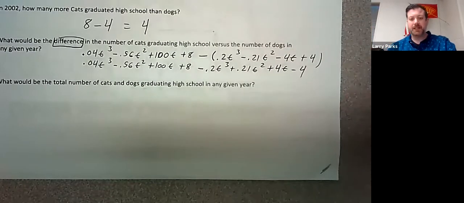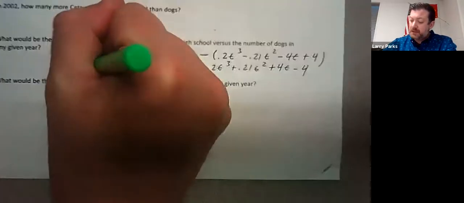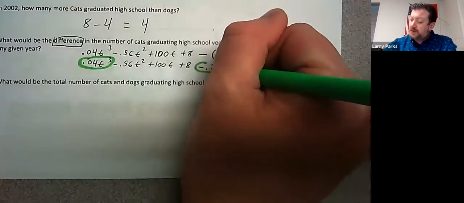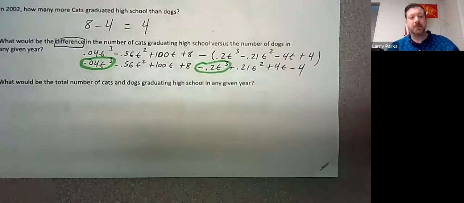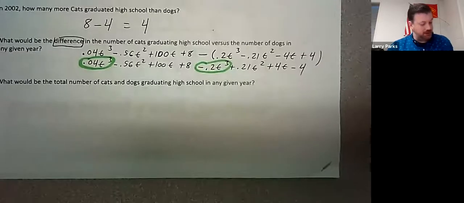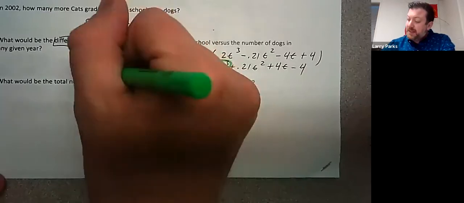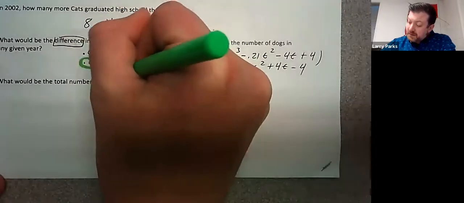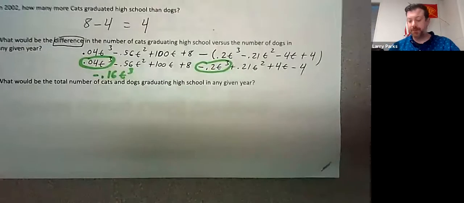From there, combine like terms. So like terms would be this one and this one. So if I take 0.04 minus 0.2, I get negative 0.16 t cubed.